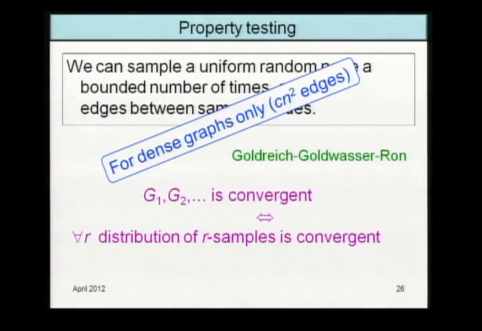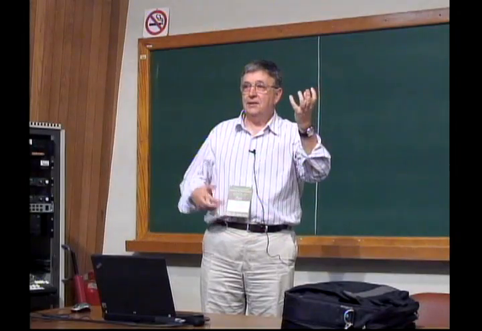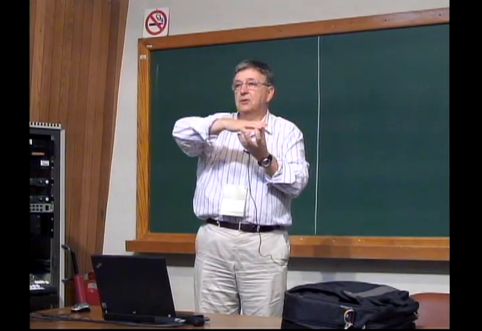Now, this relates nicely to the notion of convergence, because it is not hard to see that a sequence of graphs is convergent in the sense I defined earlier if and only if you fix an R and you take a sample that gives you a distribution on graphs with R nodes, and these distributions are getting closer and closer.